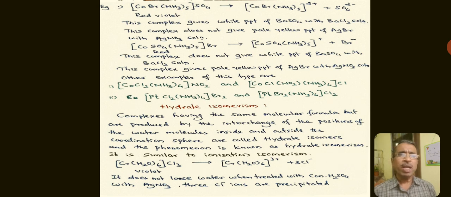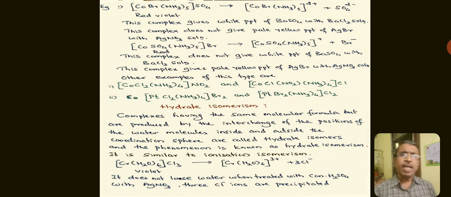The second complex gives a white curdy precipitate with AgNO3 showing the presence of chloride ions in the solution. Because the earlier complex contains bromide outside the coordination sphere and the second complex contains chloride outside the coordination sphere.